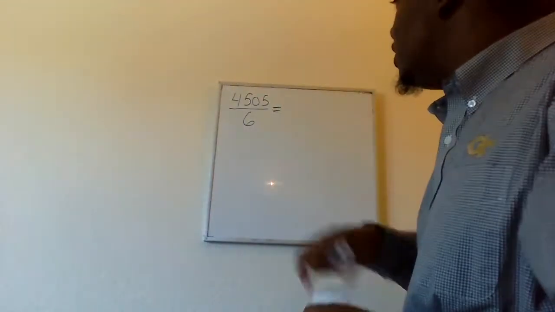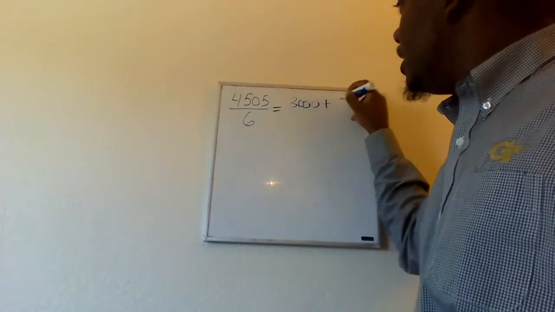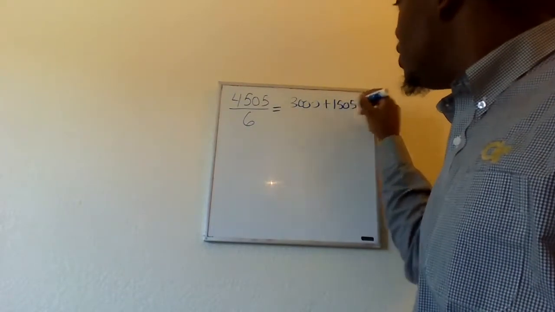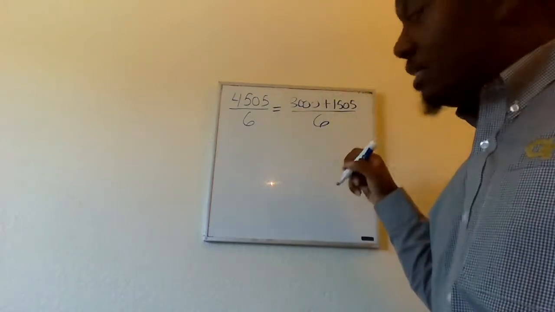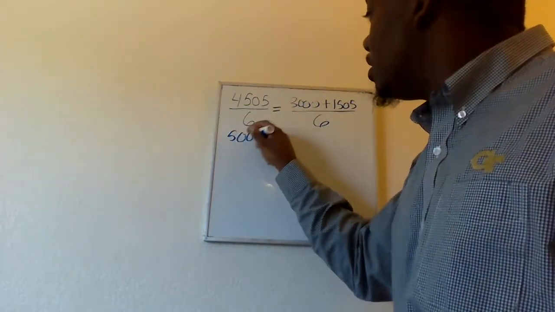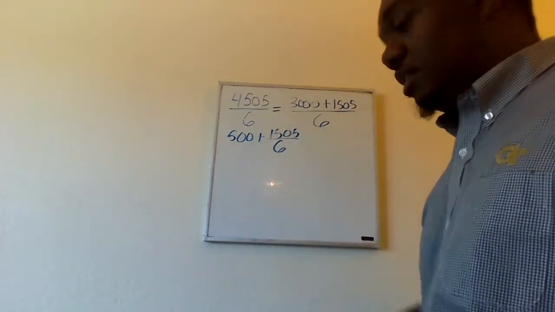I'm going to write that a different way so that you can see it. We change this to 3,000, which we can divide by 6 and get 500, plus 1,505 left over. And we divide this entire thing by 6, each part. So this part will give us 500, plus whatever 1,505 divided by 6 is.